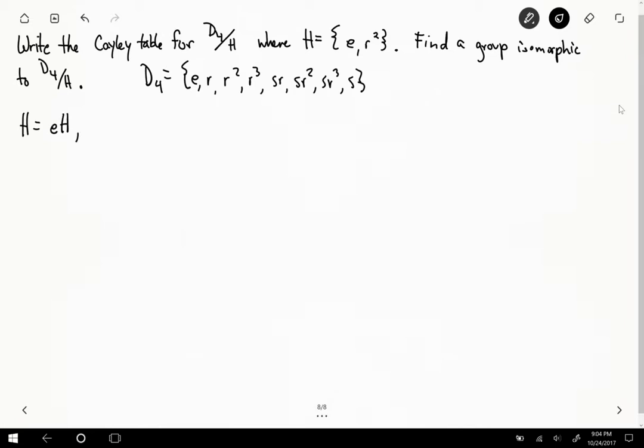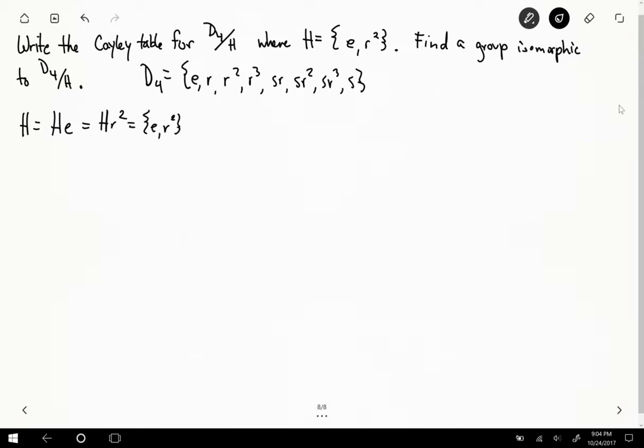I'll keep in mind that we do a lot of the class on the right, so we'll put all of this on the right. We'll use right cosets this time around. So we go H, and then HR squared. All of those are the same thing. They all equal the set E and R squared.